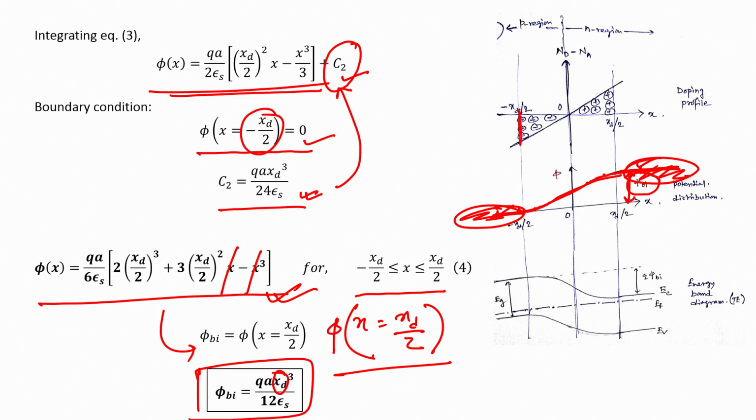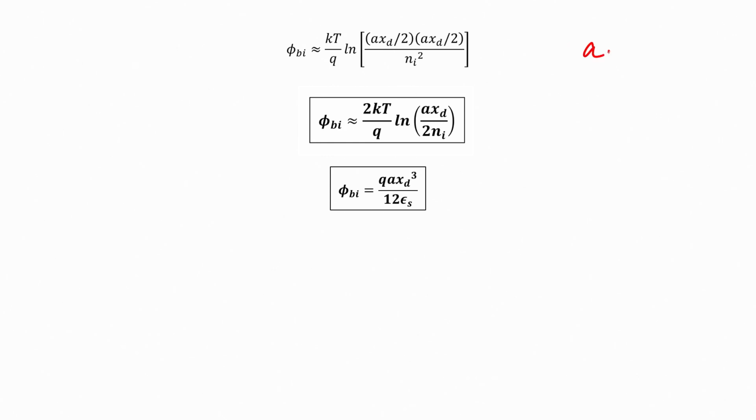At x equal to minus xd by 2 and at x equal to xd by 2, by magnitude the doping concentration will be equal, and that doping concentration is given by A into xd by 2, because Nd minus Na is equal to Ax.